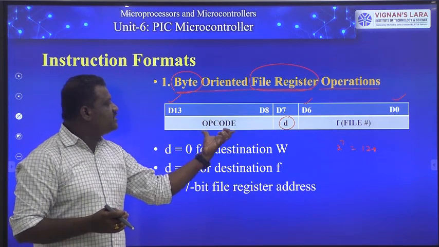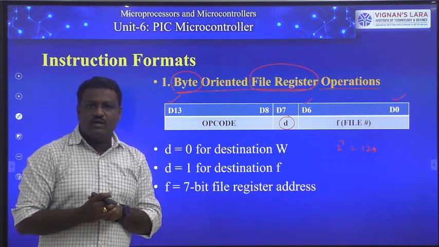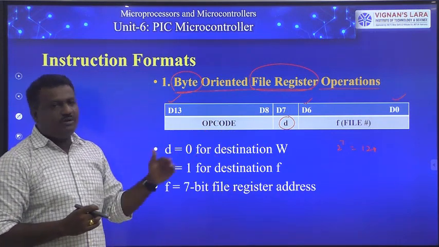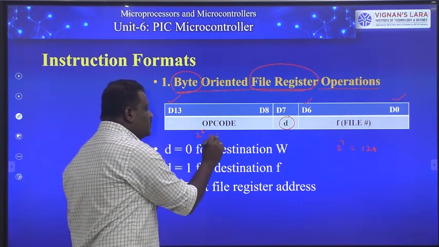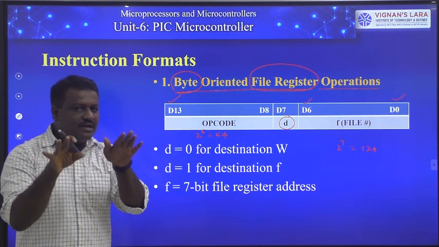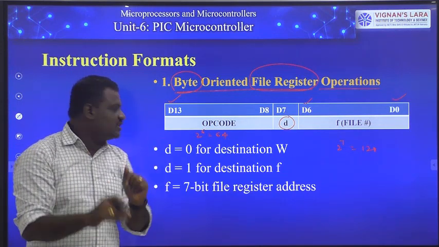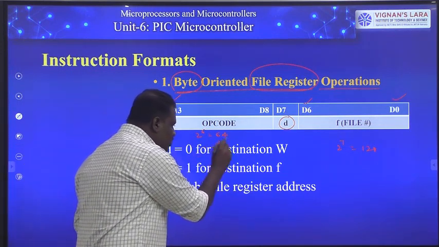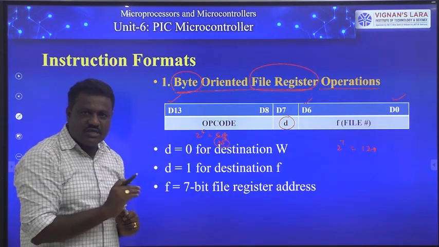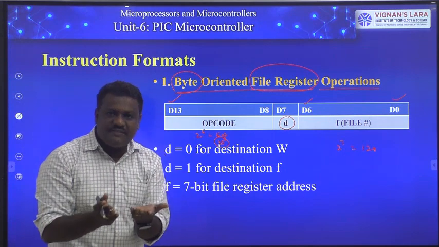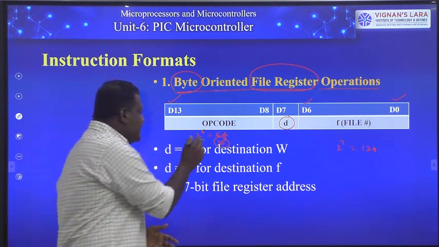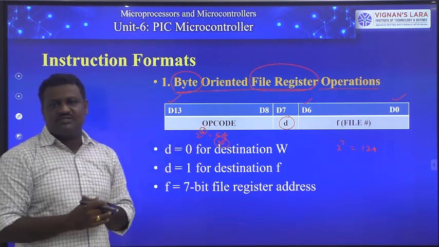These 6 bits are dedicated to the operation code. That means the number of possible combinations here is 2 power 6, which is equal to 64. But the number of instructions in the instruction set is 35. In order to address these 35 instructions, we must have 35 operation codes, and to identify them, again I need a 6-bit formation.